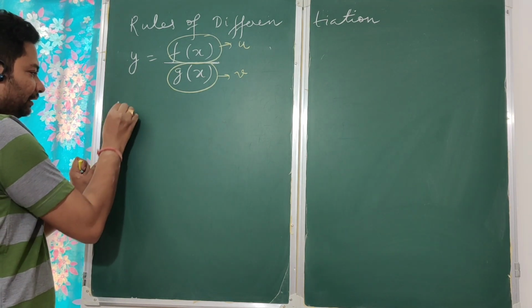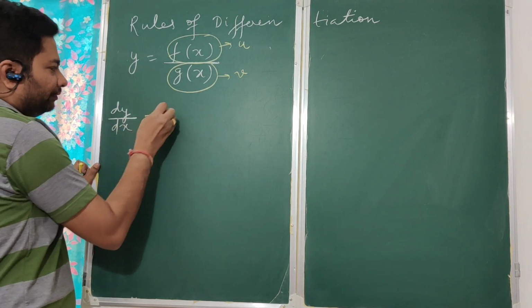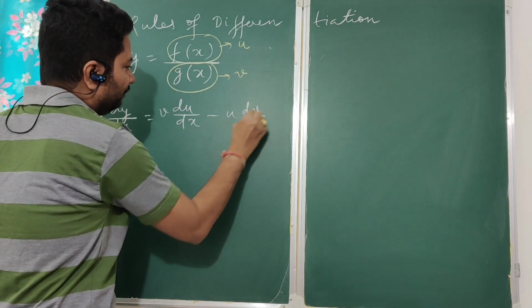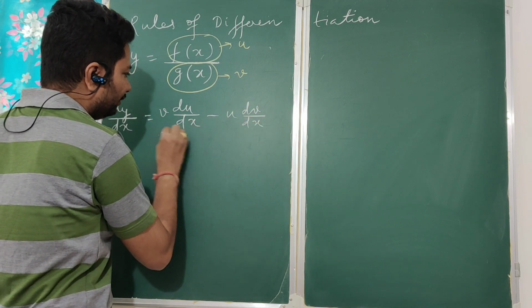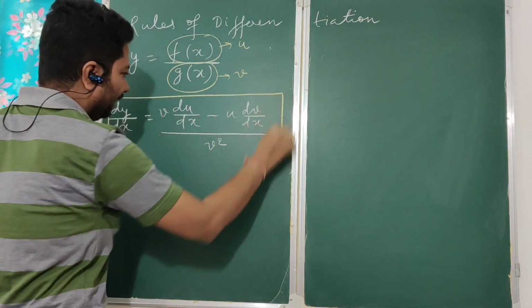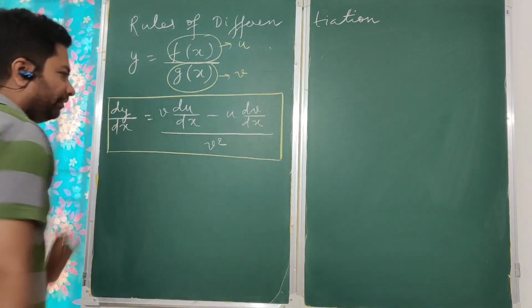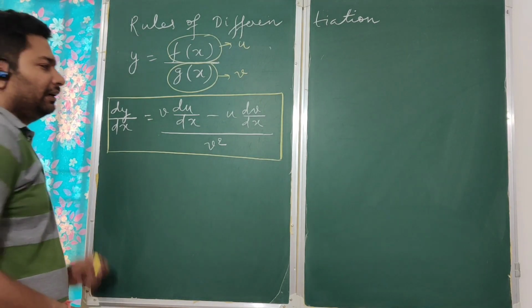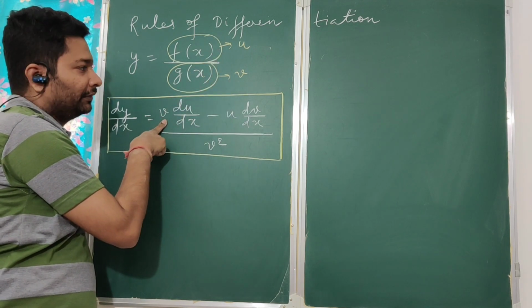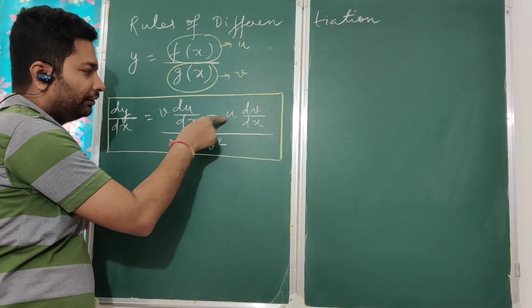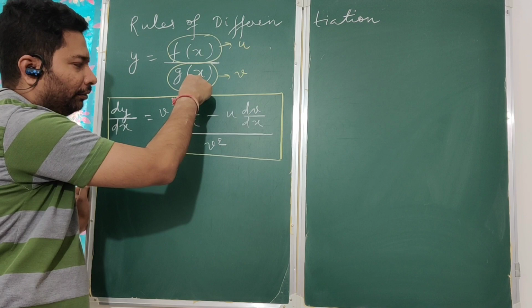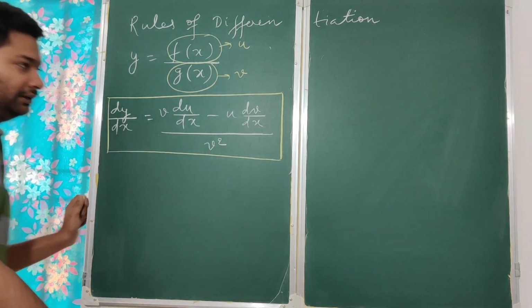The differentiation of y with respect to x will be v du by dx minus u dv by dx divided by v square. So it might be a little difficult for you to memorize this, but the way is just remember that first you have to differentiate the numerator. So obviously v will come in the product. Since it is division, so minus u dv by dx. Now differentiate the second function, that is denominator, divided by square of the denominator.